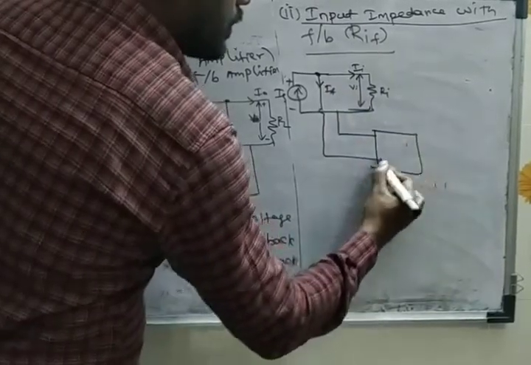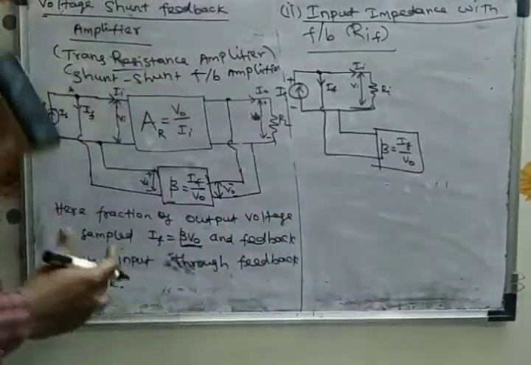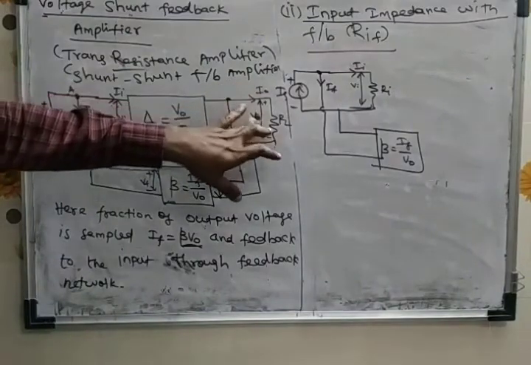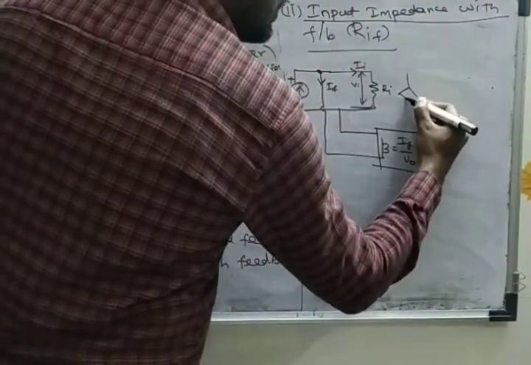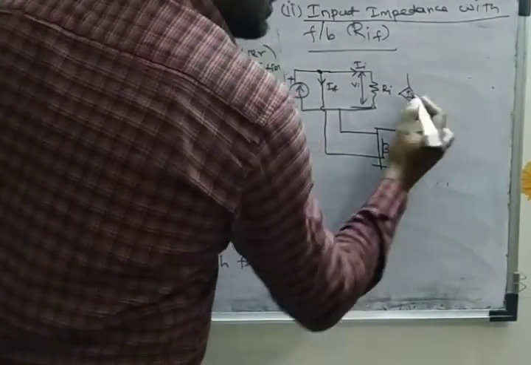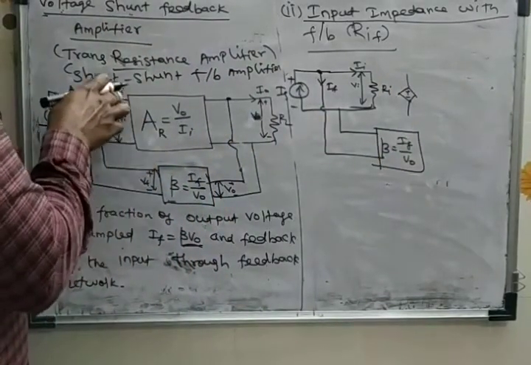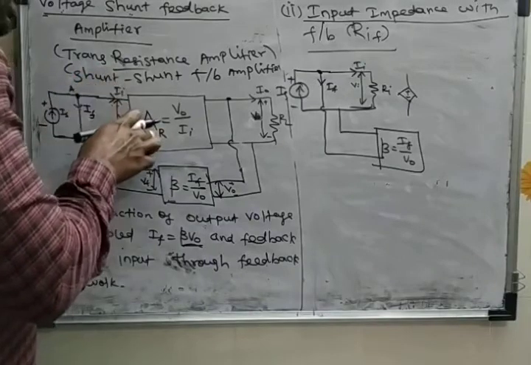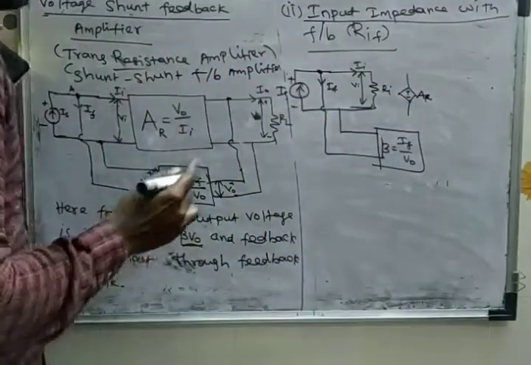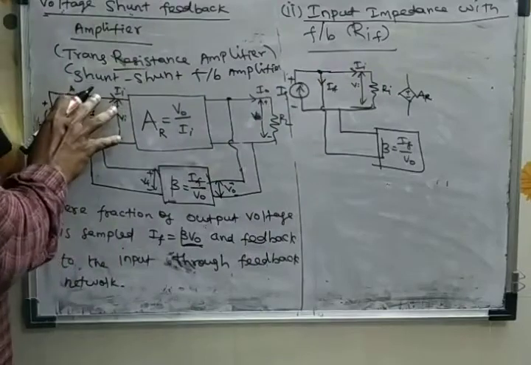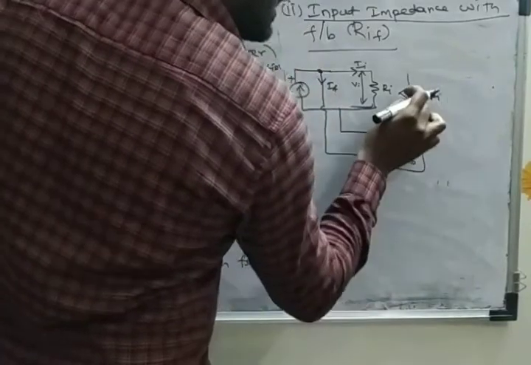Feedback network beta is equal to IF by V naught. Here we have voltage sampling. So we have a dependent voltage source here whose magnitude is the transresistance gain into the input current Ia, so AR into Ia. Here we have current type of mixing, so the current flow is Ia. So AR into Ia is this voltage source.